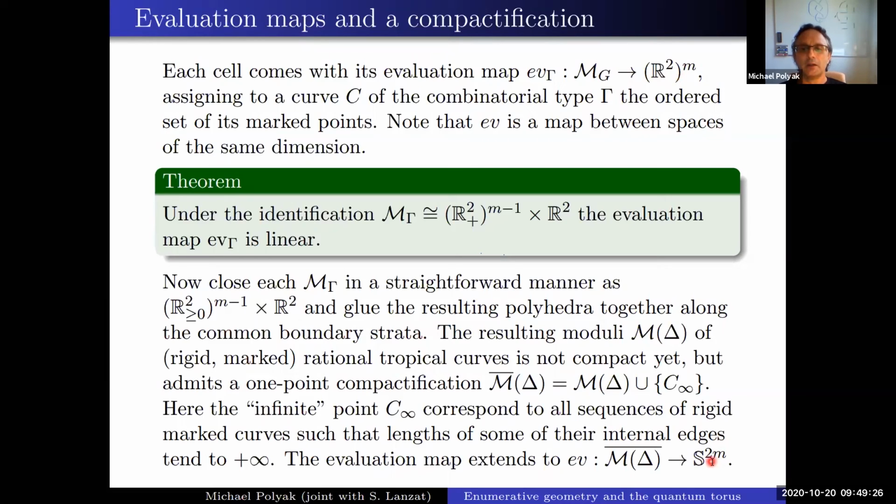Okay. So now we have a nice thing. We have a compact space, nicely glued together from strata of different dimensions, and its evaluation map to the sphere of the same dimension as the top dimensional strata here.